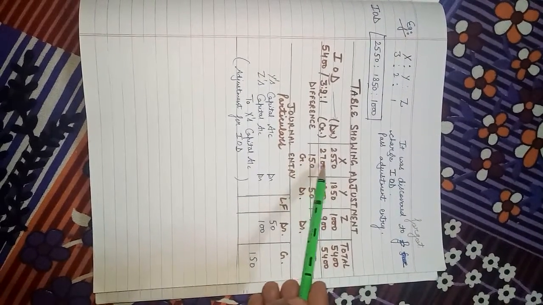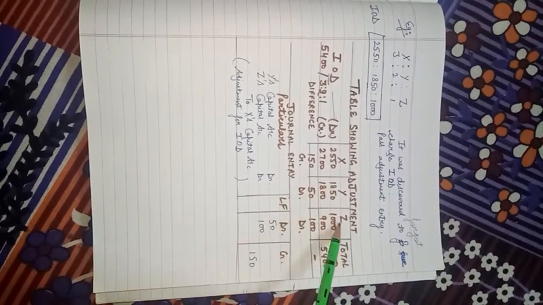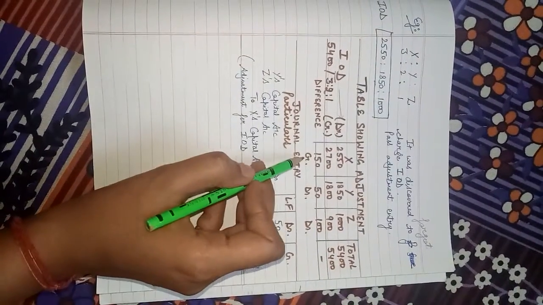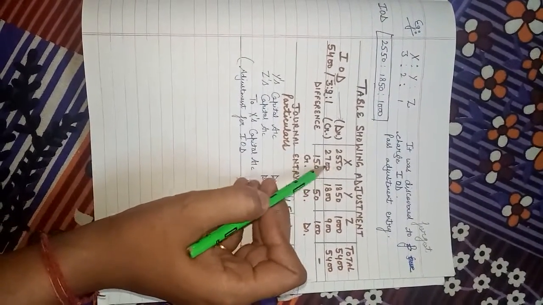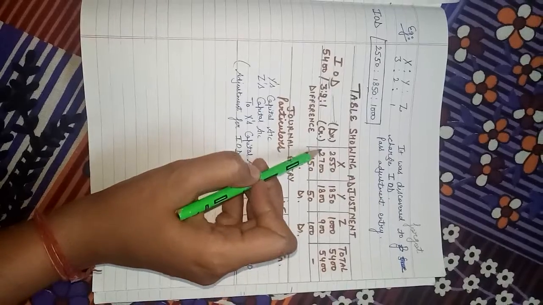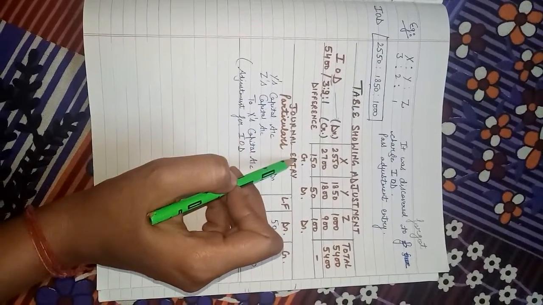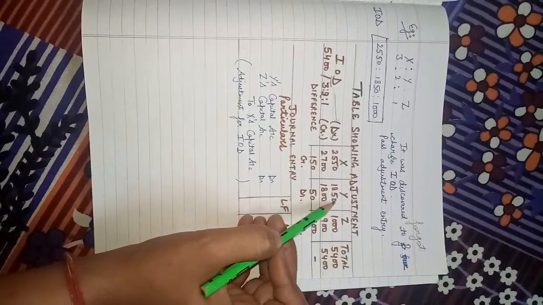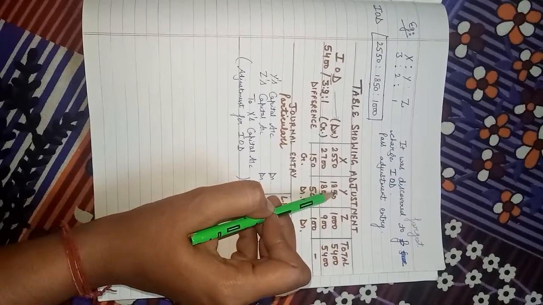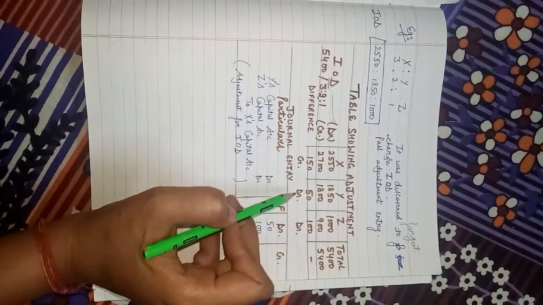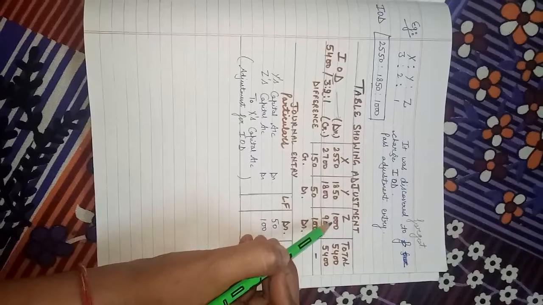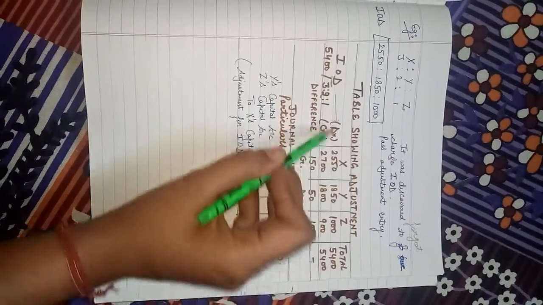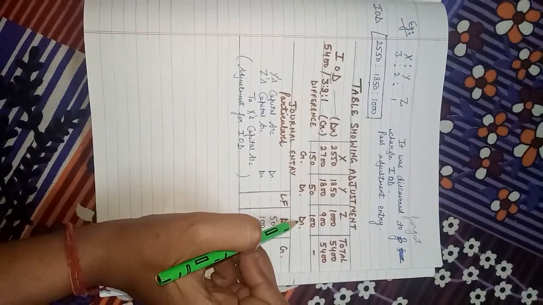Then find the difference. Here the difference is 150, here 50, here 100. Now which one is greater? 2,700, and here the sign is credit, then we will put credit here. Here which one is greater? 1,850, sign is debit, we will put debit here. Here which one is greater? 1,000, sign is debit, we will put debit here.